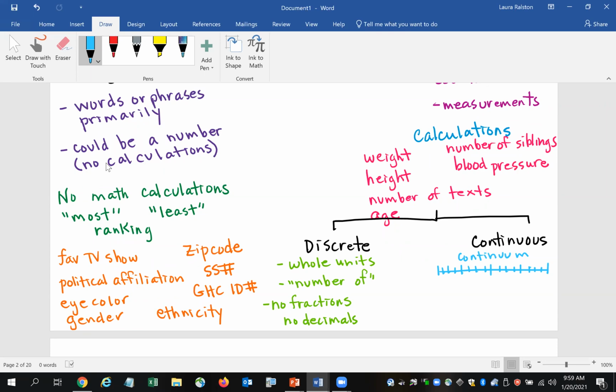So with continuous data, more times than not, it's going to be associated with measurements, but you can have a fraction or a decimal or part of a whole.